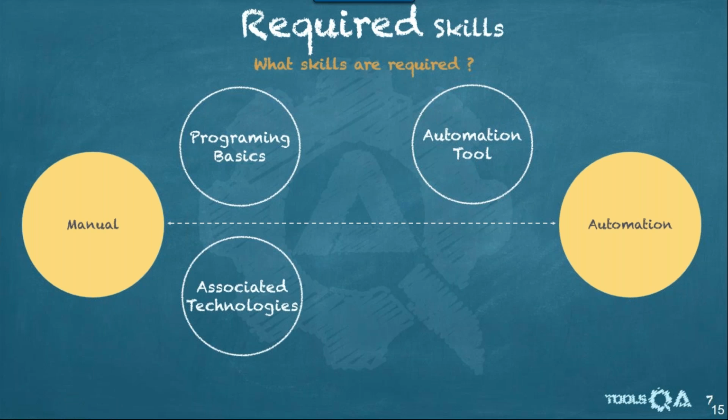And once you understand the automation tool, you also have to understand the associated technologies. For example, if you look at Selenium, Selenium as such is just a tool to control your browser. You can ask your browser to open, to launch a page and navigate to a certain URL. You can query the browser for certain properties of the elements inside a page, and that's all.